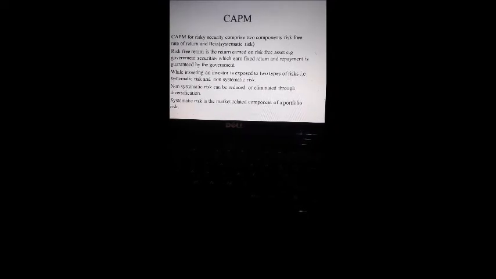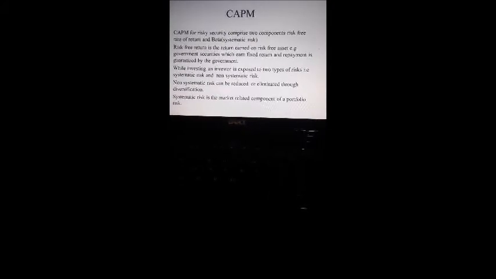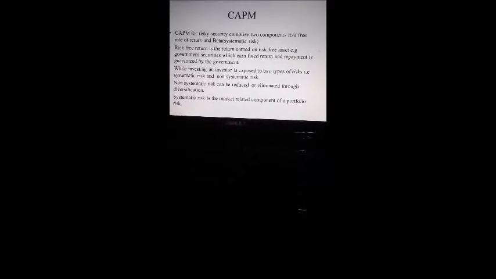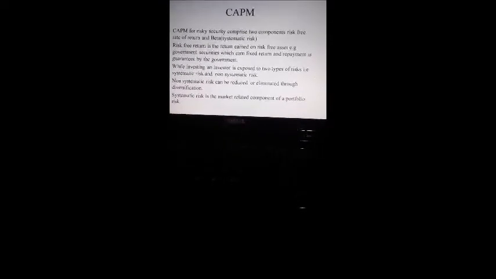Now, while investing, an investor is exposed to two types of risk: the systematic risk and the non-systematic risk. A non-systematic risk, we say, is one which can be eliminated by developing a portfolio. The other one is the systematic risk, which is the market-related component of a portfolio risk.